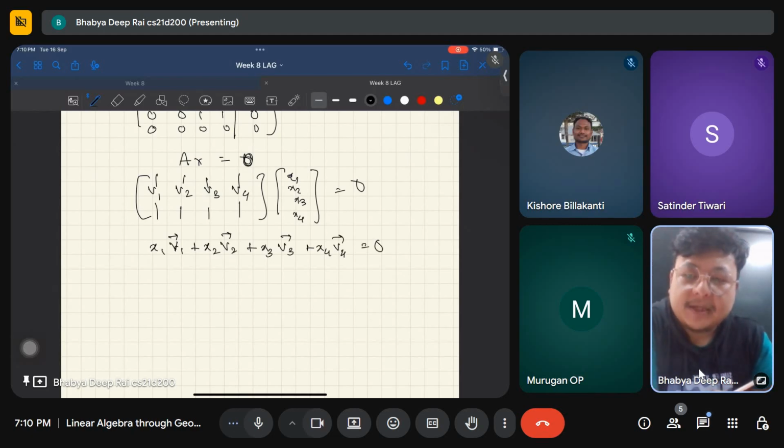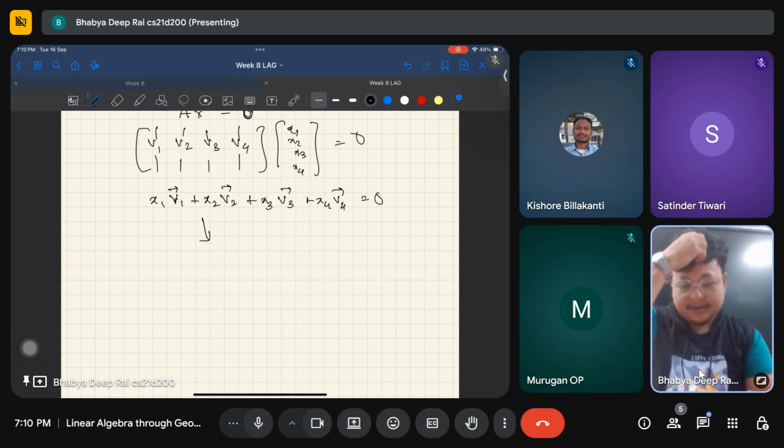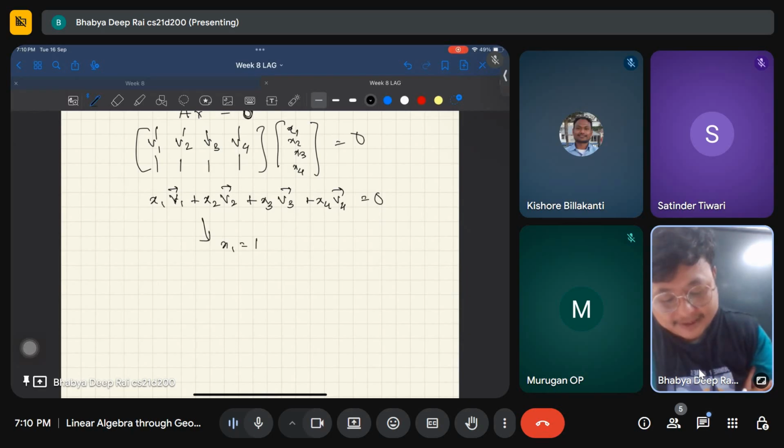Now, here is the main idea. I do this entire process by using Gauss-Jordan elimination, using row operations and so on, and I'm getting x1 equals, let's say, 1, x2 equals 0, x3 equals something.